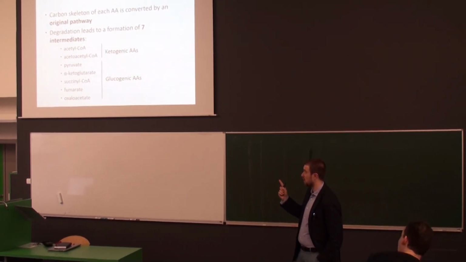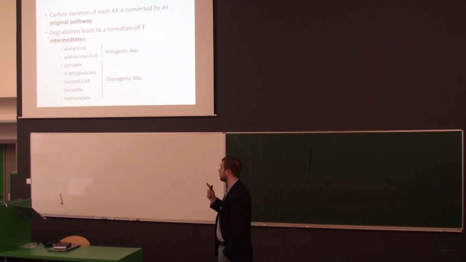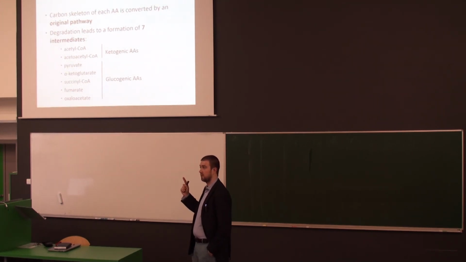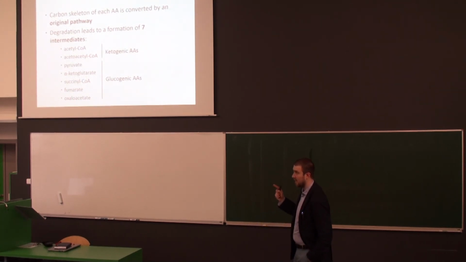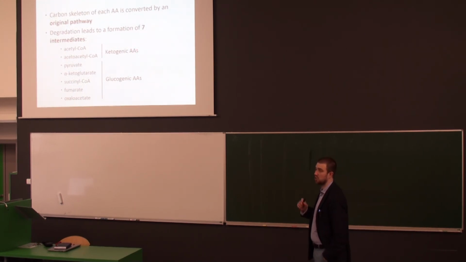First, acetyl-CoA and acetoacetyl-CoA, as you know, are precursors or intermediates of metabolism of fatty acids. That means they can give birth to ketone bodies, and therefore, if an amino acid gives one of these 2 intermediates, we call it ketogenic amino acid.